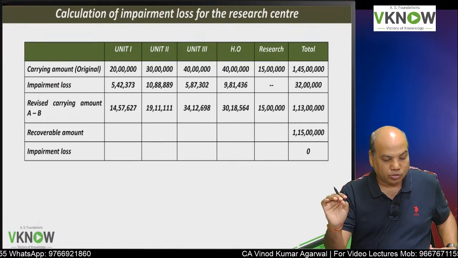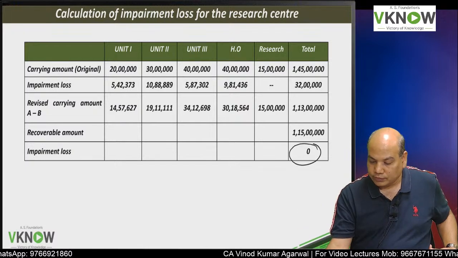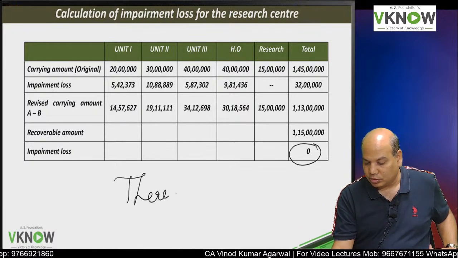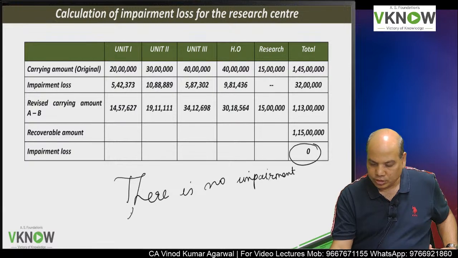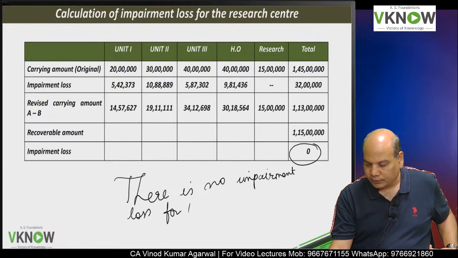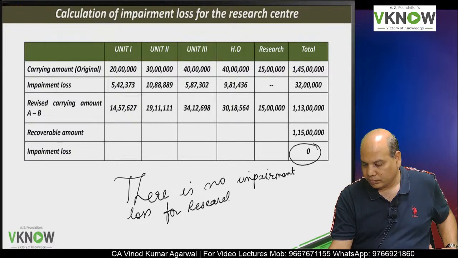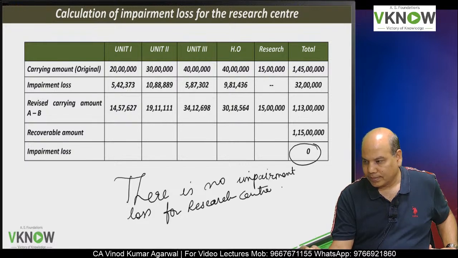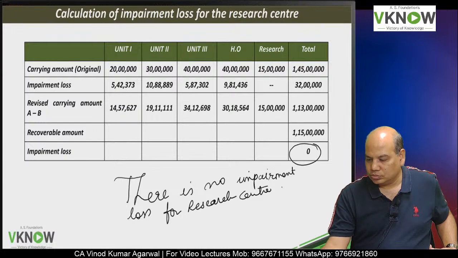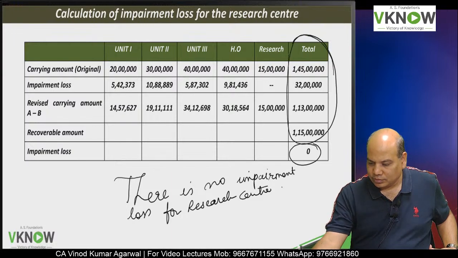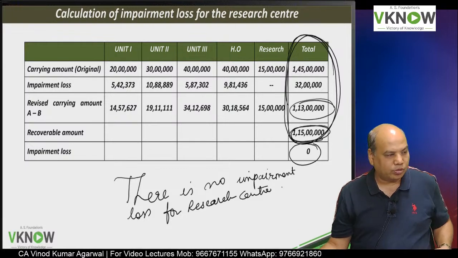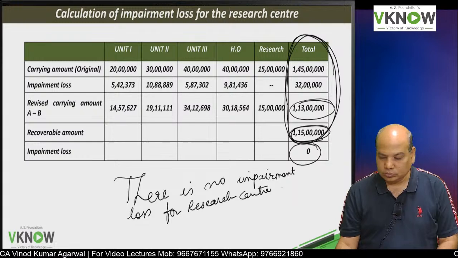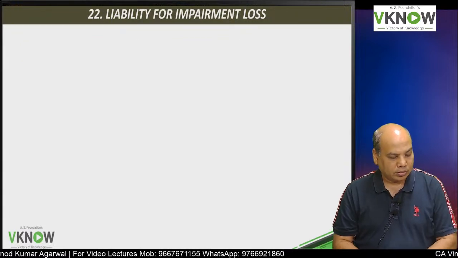In the book I have written: there is no impairment loss for research center, because if I consider the entire enterprise, the recoverable amount is more than the carrying amount. So this is my answer for this question.